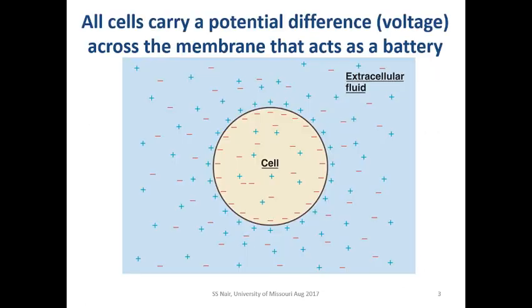Moving to slide 3, we talked about capacitors in a previous lecture. Every cell in your body carries a potential difference across the cell membrane that acts as a battery.